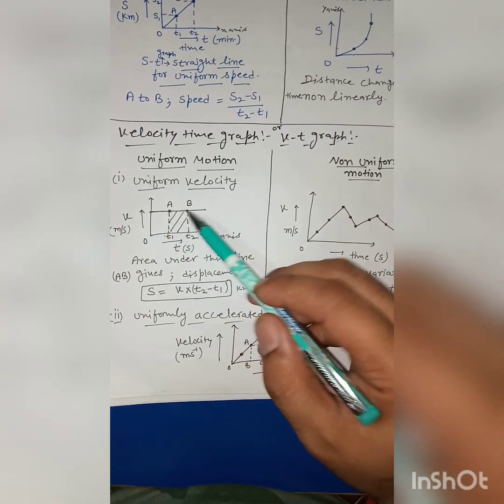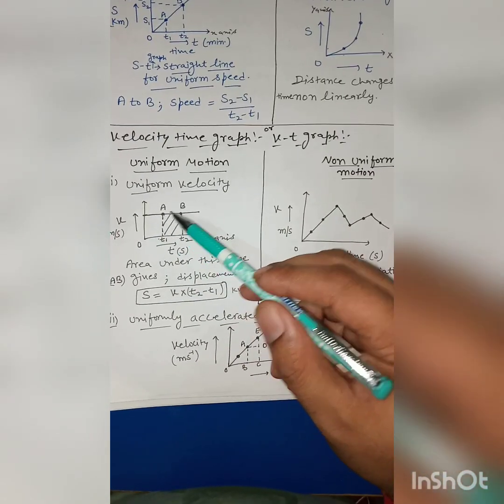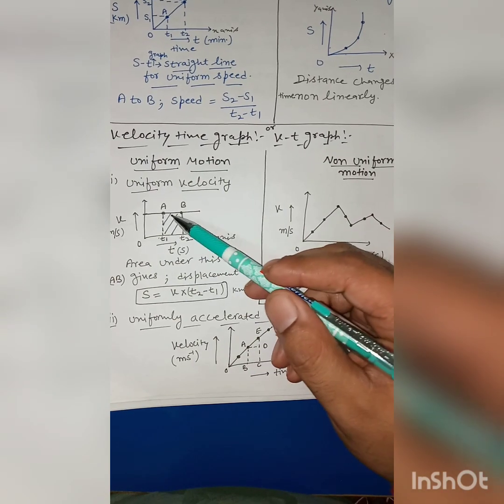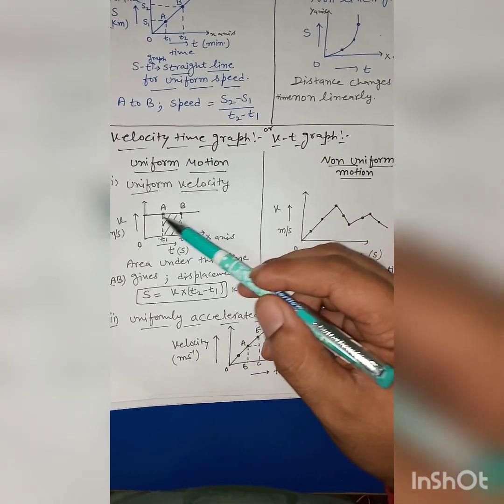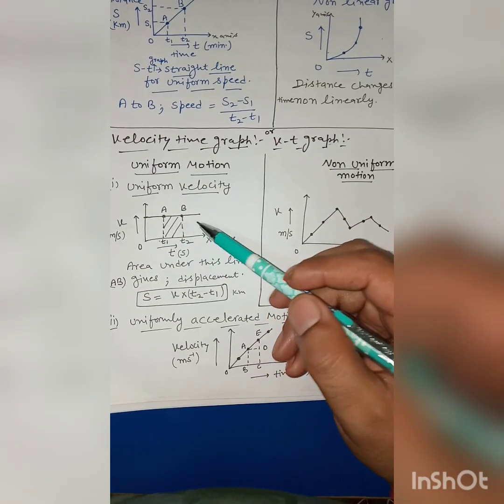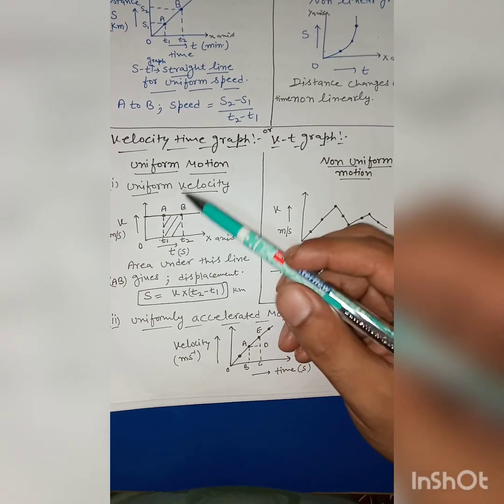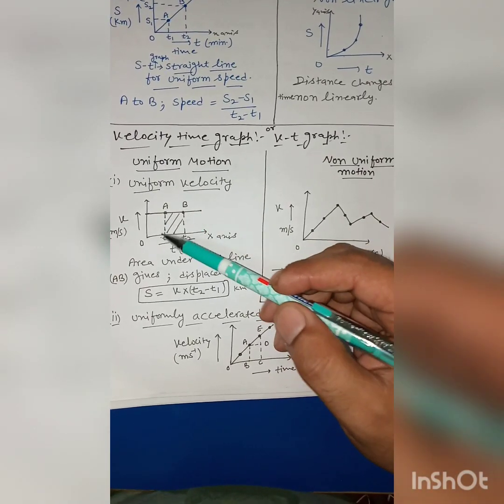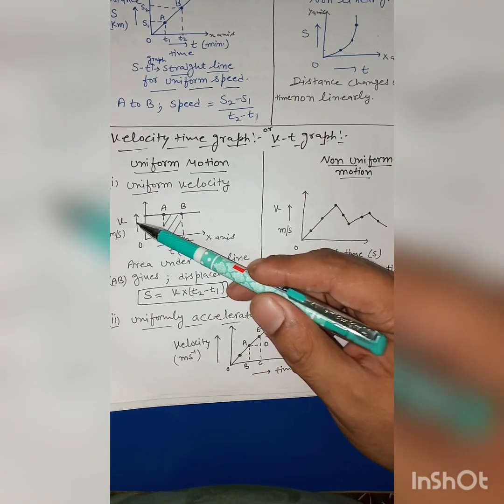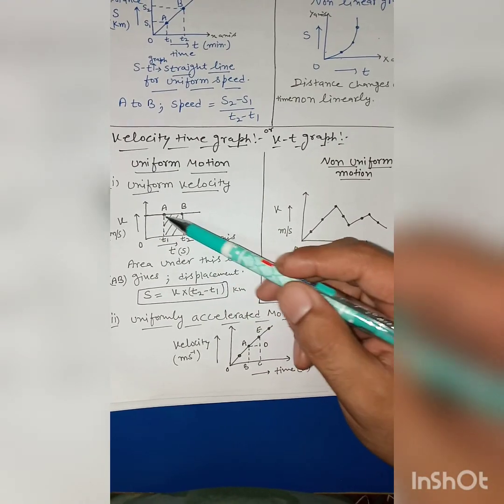Here velocity is not changing, so the area under this line gives displacement, because displacement equals velocity into time.